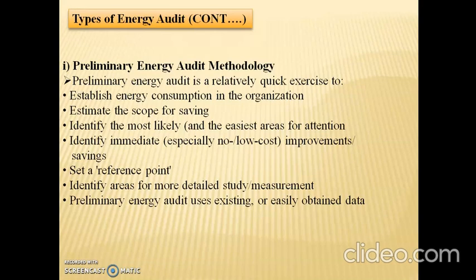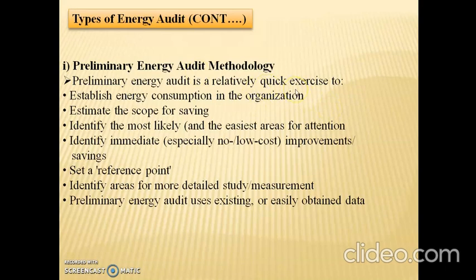Then identify areas for more detailed study or measurement. There are some utilities where you require the actual data. So the auditor may identify such areas where you may need some more testing. And last, preliminary energy audit uses existing or easily obtainable data. As I told you, this is a walkthrough, and this exercise you need to complete in a very quick time.